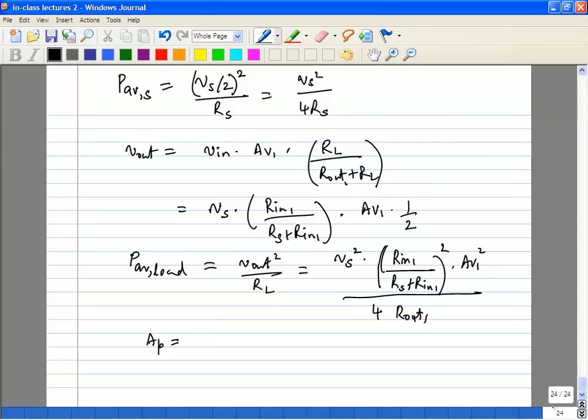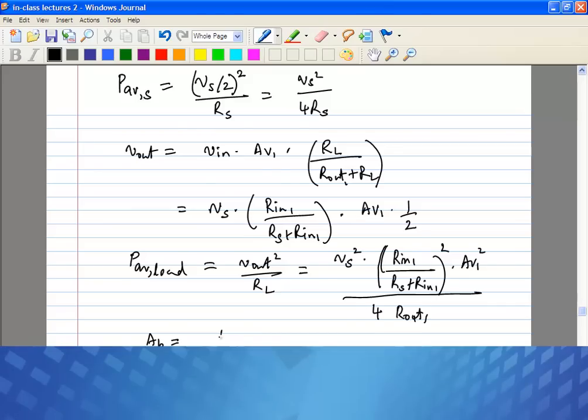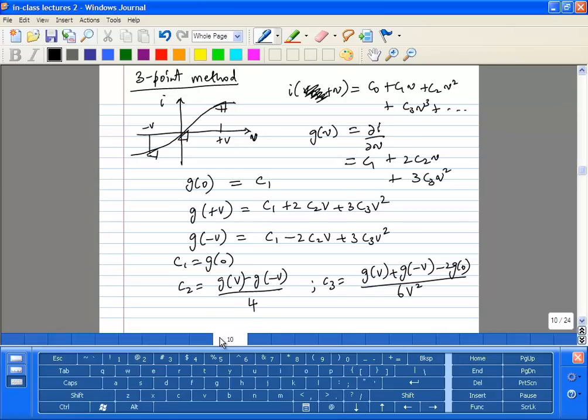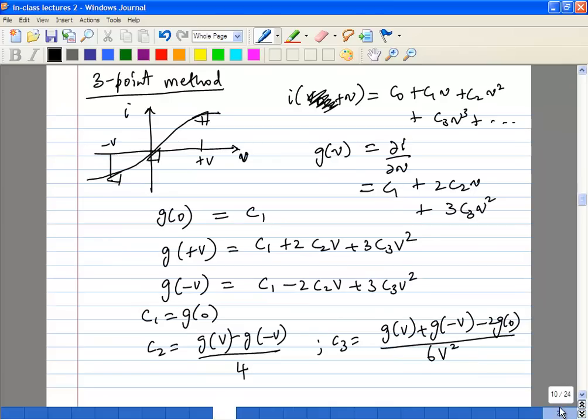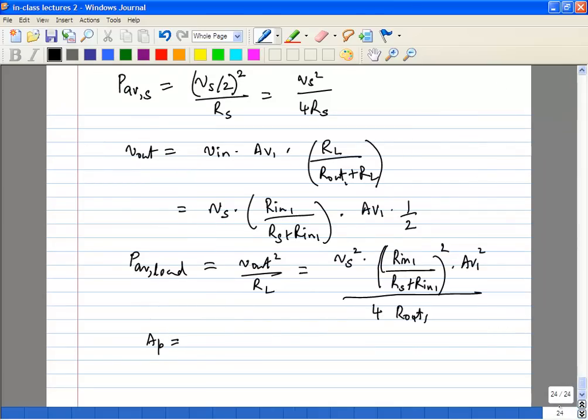So what is AP? It's this over this. So it's Rn1 over Rs plus Rn1, whole squared, times AV1 squared, times Rs over Rout1.